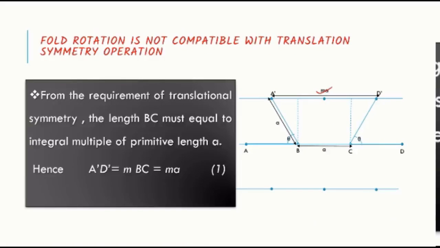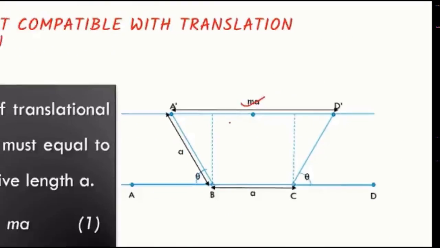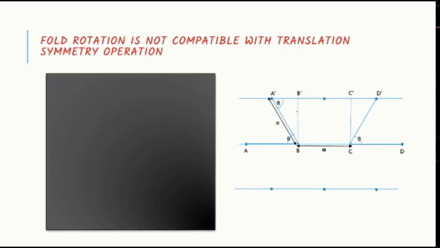Now, in this trapezium, length A prime D prime is the sum of lengths A prime B prime, B prime C prime and C prime D prime. Also, in triangle A prime B prime B, length A prime B prime is A times cosine of angle theta.